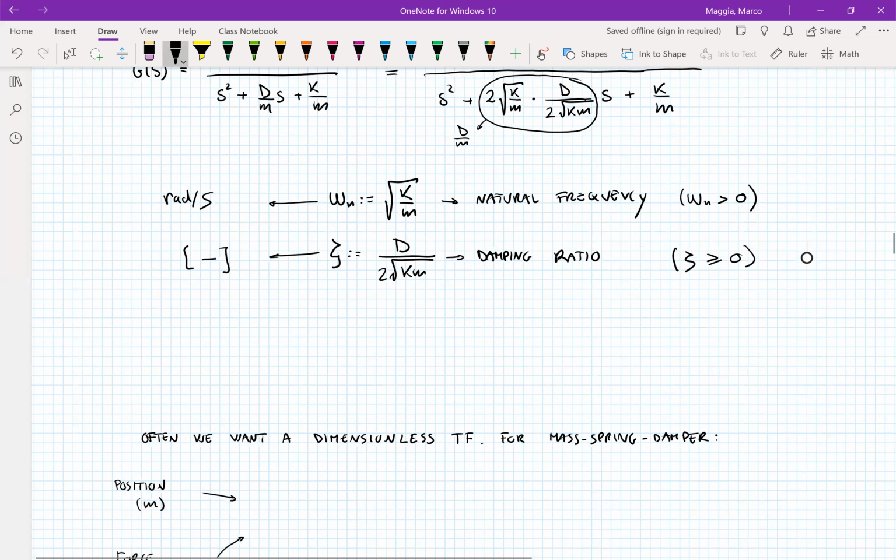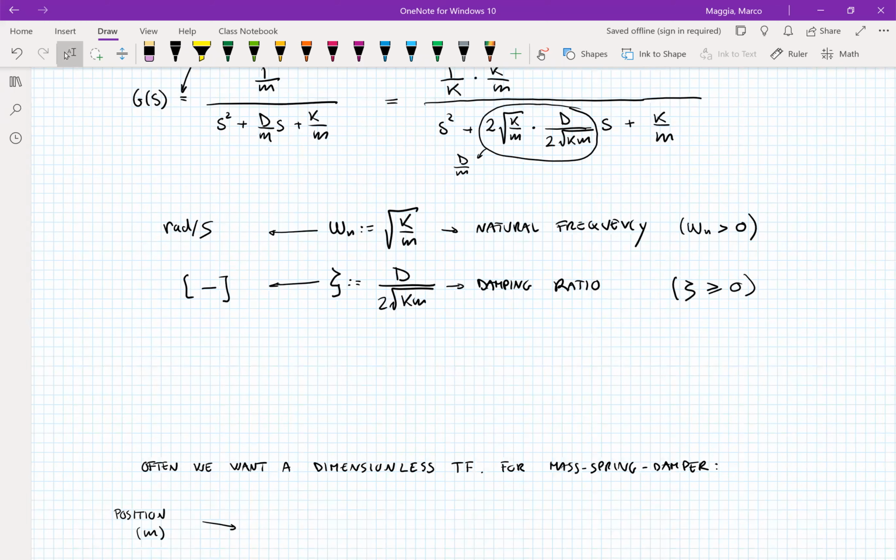So using this definition, we can rewrite the transfer function, and this becomes just 1 over k times omega n squared over s squared plus 2 zeta omega n s plus omega n squared.